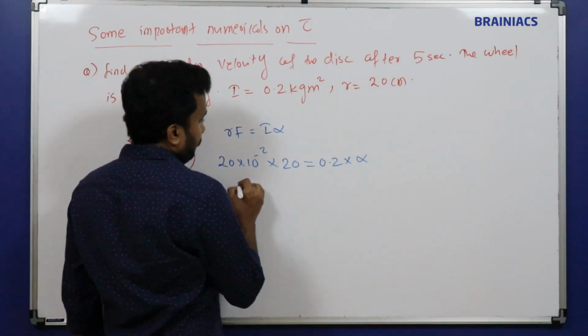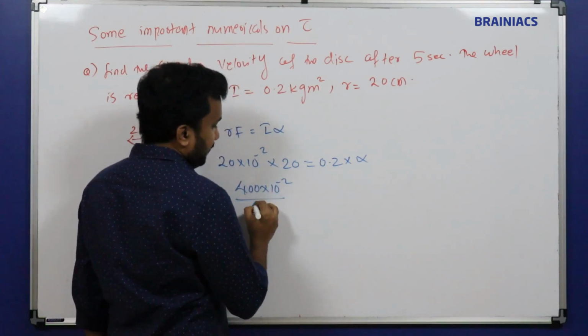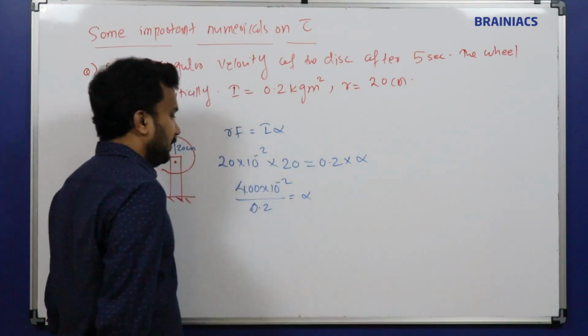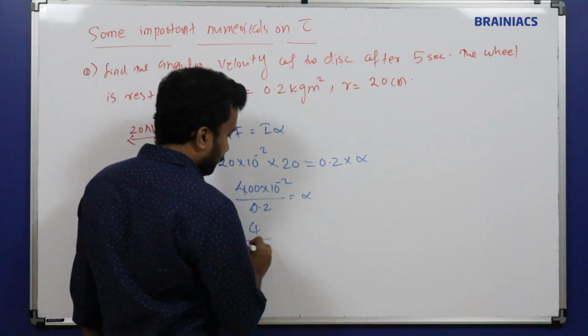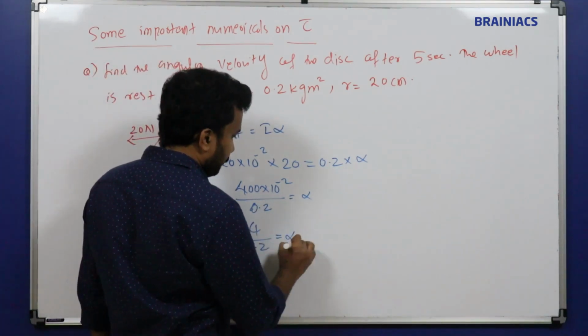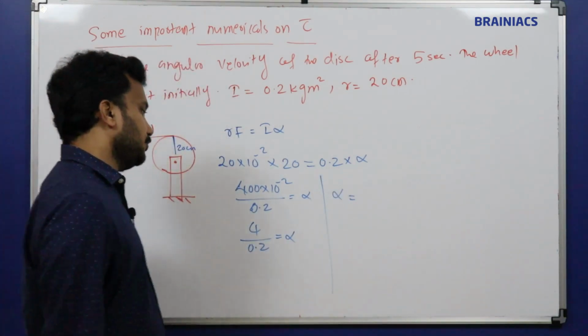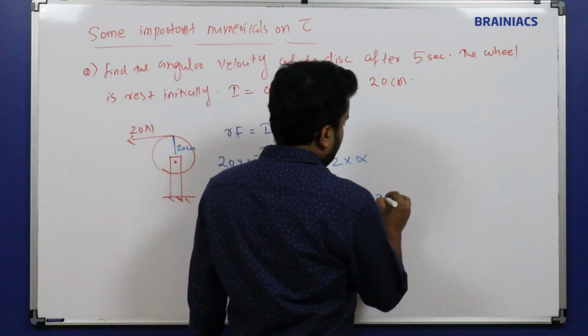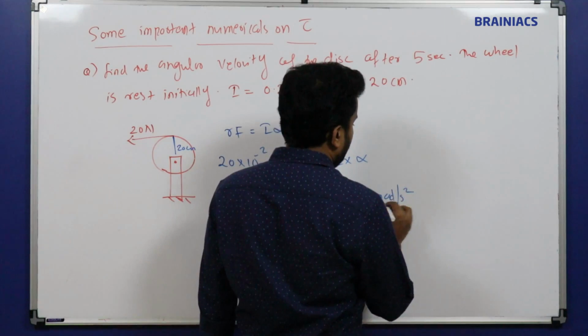So this is 400 into 10 power minus 2 divided by 0.2 equal to alpha. 400 into 10 power minus 2 means it is just 4. 4 divided by 0.2 is equal to alpha, so alpha becomes 20 radians per second square.